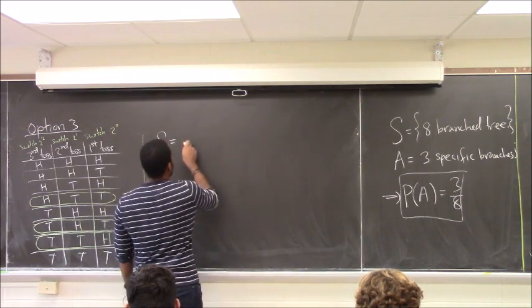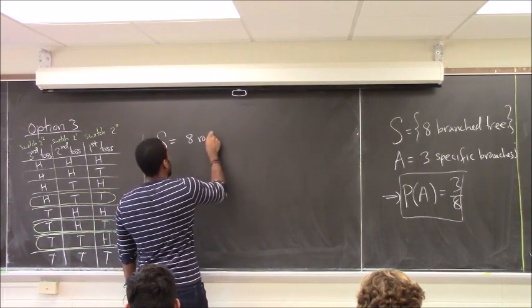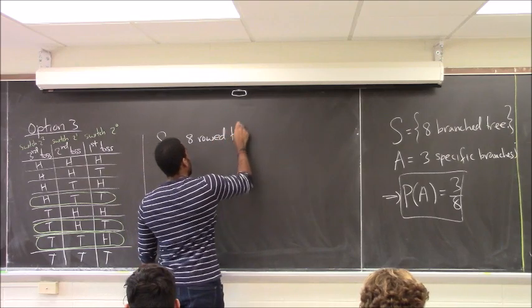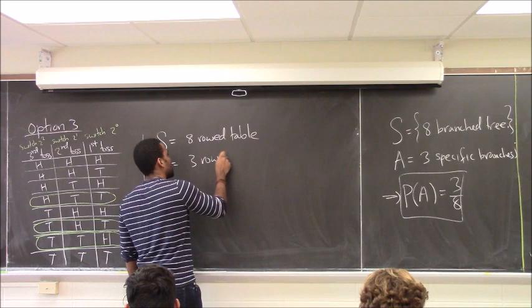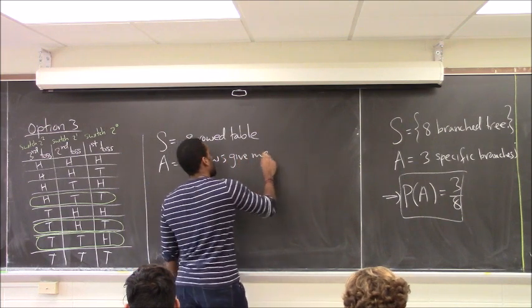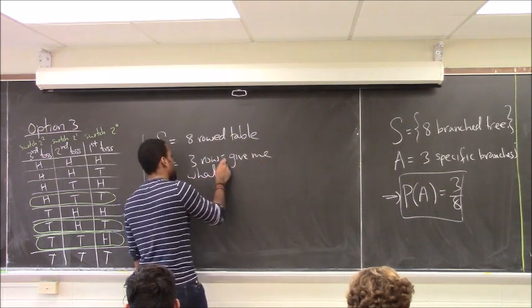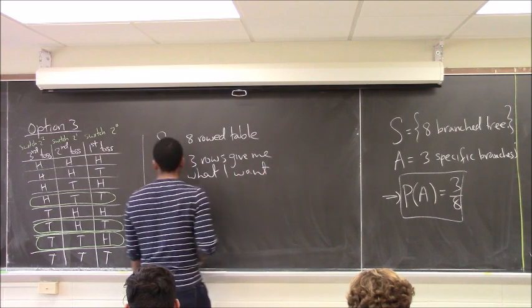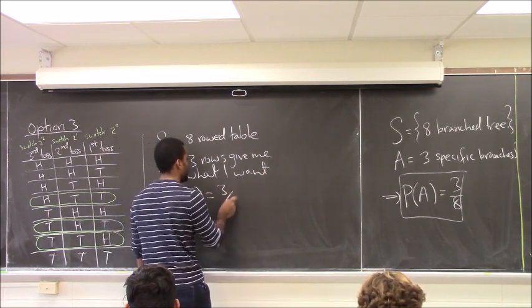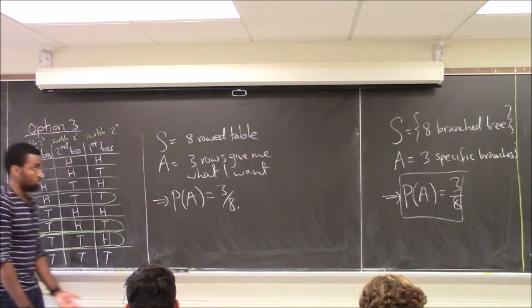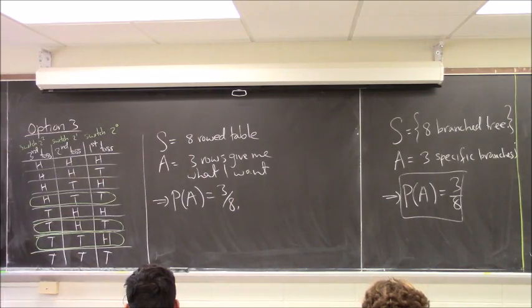S is just an 8-row table. A, 3 rows give me what I want. This means that the probability of A is going to be 3 out of 8. We're going to solve the problem that way.